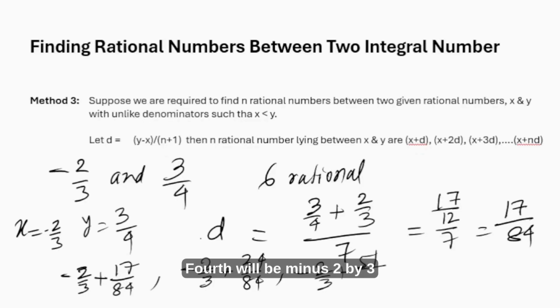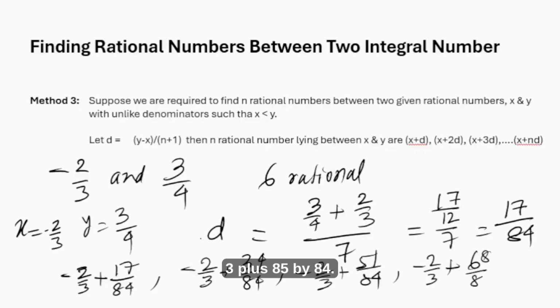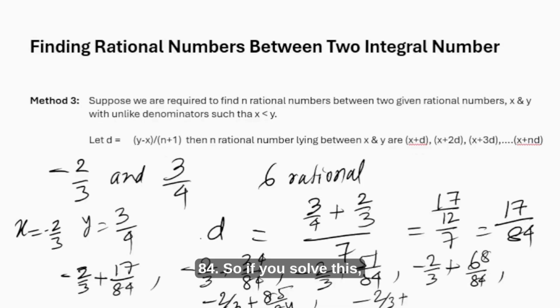The fourth will be minus 2 by 3 plus 68 by 84. The fifth will be minus 2 by 3 plus 85 by 84. And the sixth will be minus 2 by 3 plus 102 by 84. So if you solve this, you will get the value of the numbers.